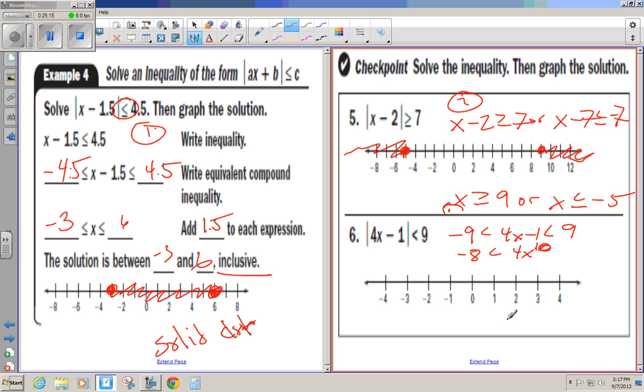Divide by 4, and x is now between negative 2 and, see here, 10/4, 5/2. Plot the points at negative 2, circle, because there's no equal to. 5/2 is 2.5, and it's everything in between that. So I could pick any number inside here. I could pick 0. 4x, 4 times 0 is 0, minus 1 is negative 1, absolute value of negative 1 is 1, 1 is less than 9.